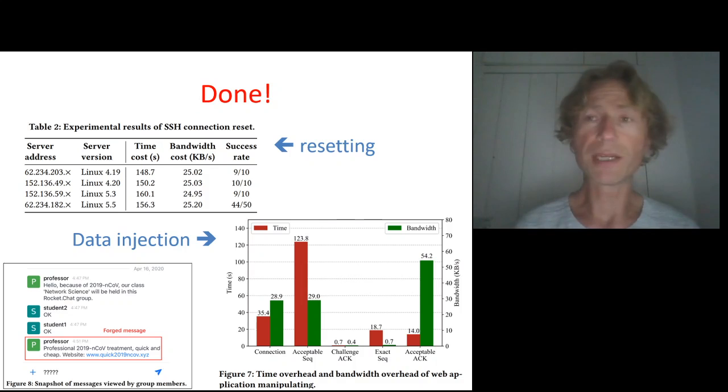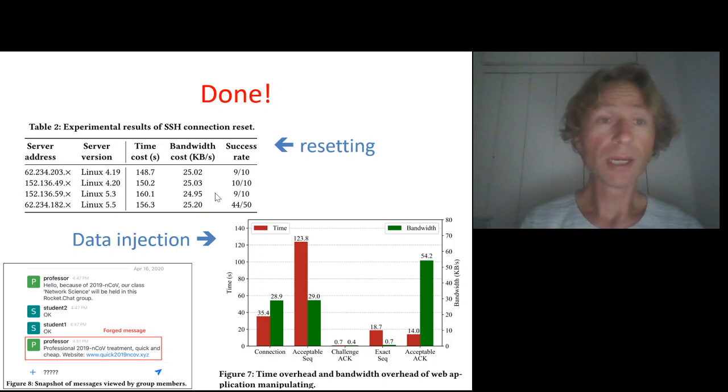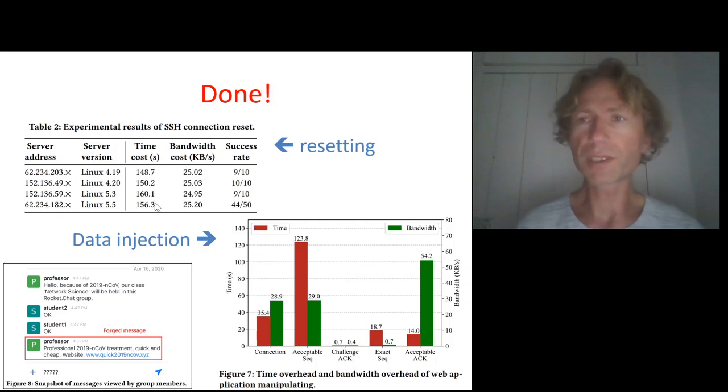Okay, so what the authors in the paper show is that they can do several attacks, such as connection termination. They show that for different versions of Linux, they're able to reset the connection or terminate the connection within a few hundred seconds. So it's practically fast.